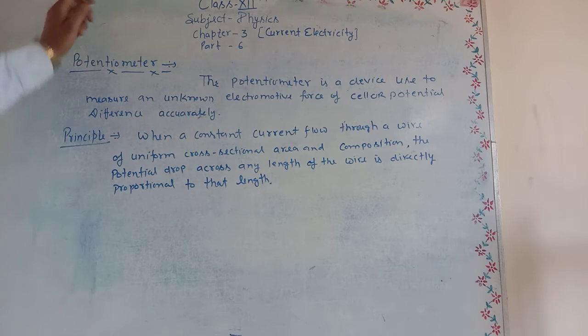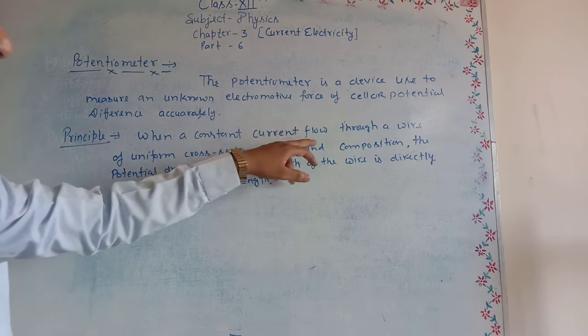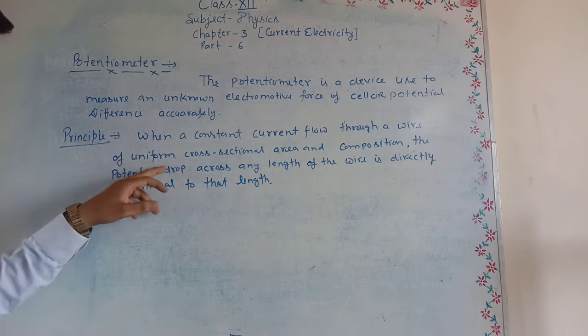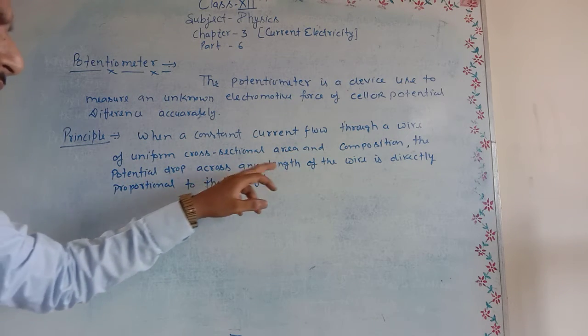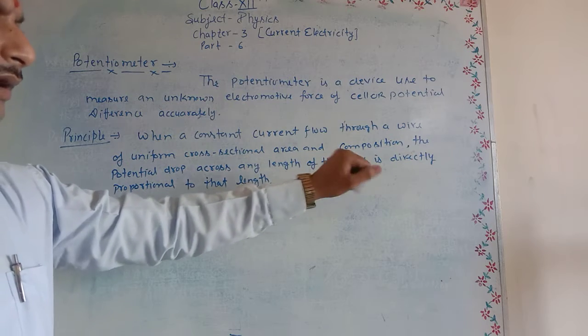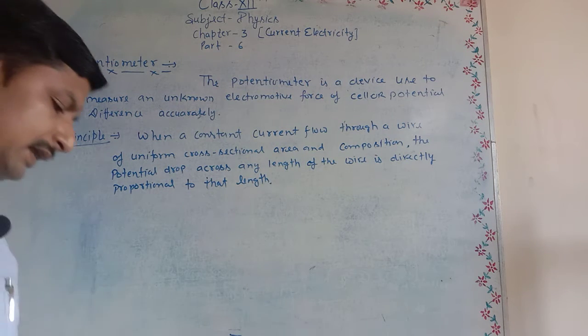Okay students, when a constant current flows through a wire of uniform cross sectional area and composition, the potential drop across any length of the wire is directly proportional to that length.